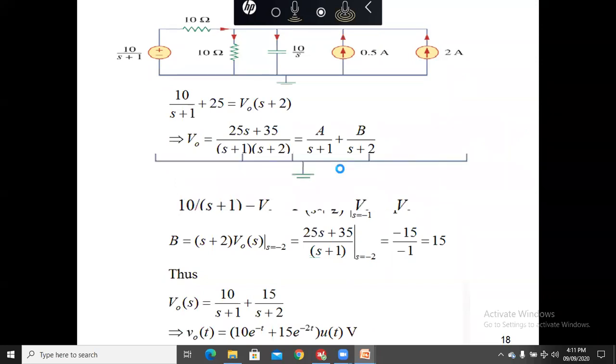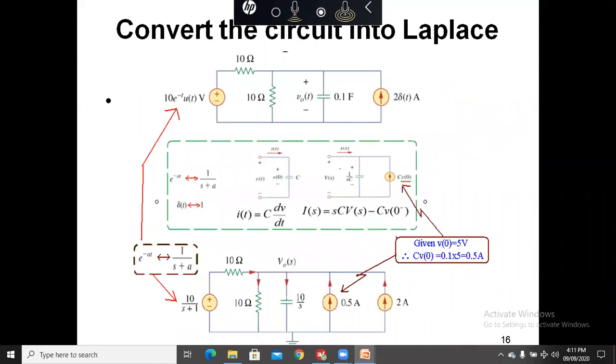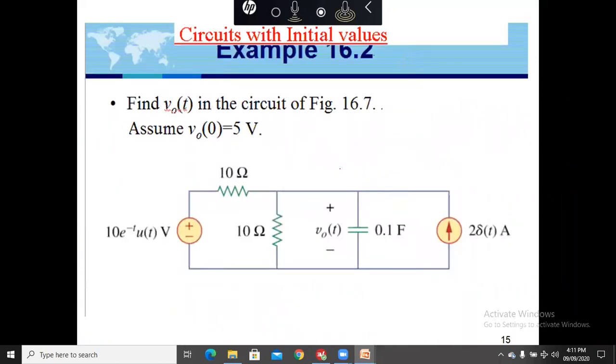So what is the value of this V out of t? This is the value of V out of t, right? And with this initial condition, we have calculated the value of V out of t with V naught of 0 equal to 5 volt.